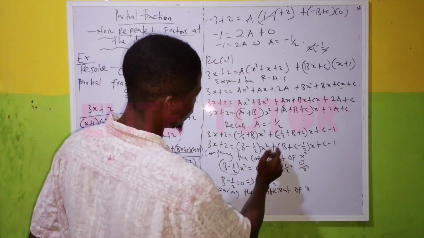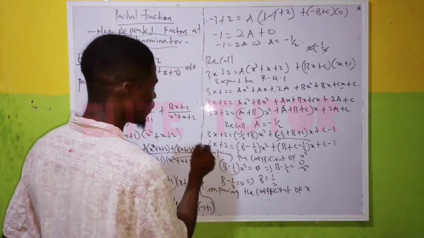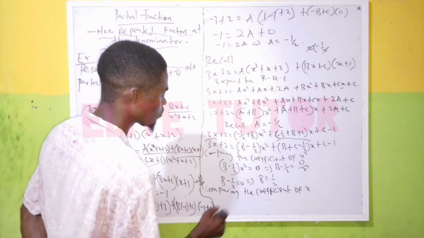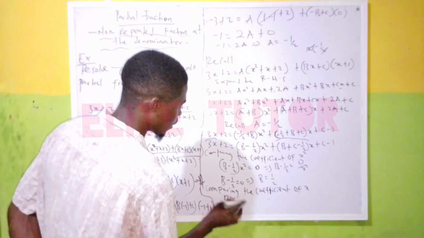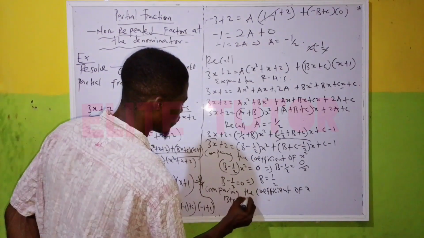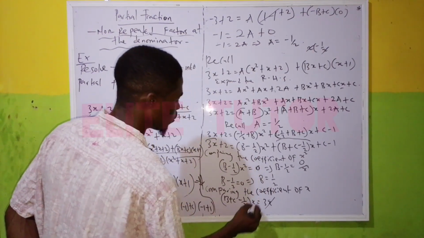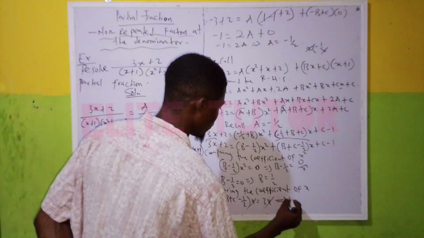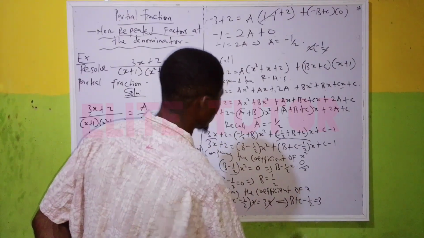So let's compare it. That is, this one will be equal to this one. Then that will be b plus c minus half x equals 3x. This one cancels this one. So it implies that b plus c minus half is equal to 3.